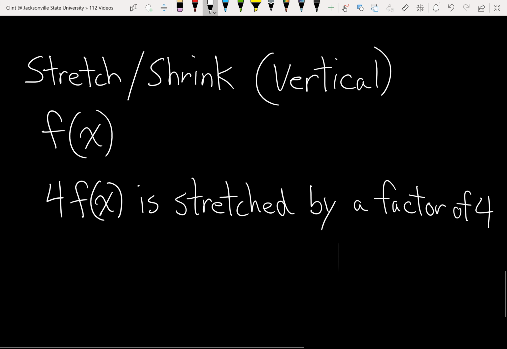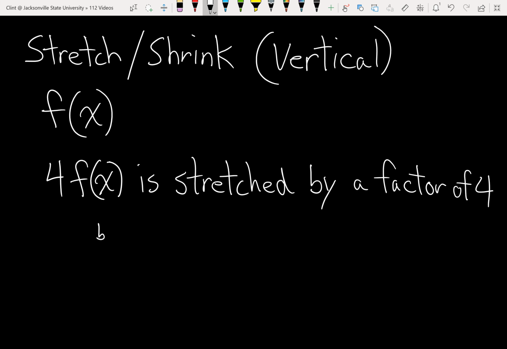And the reason why we know this is a stretch is because the number we're multiplying by, 4, is bigger than 1. So that means this is a stretch.